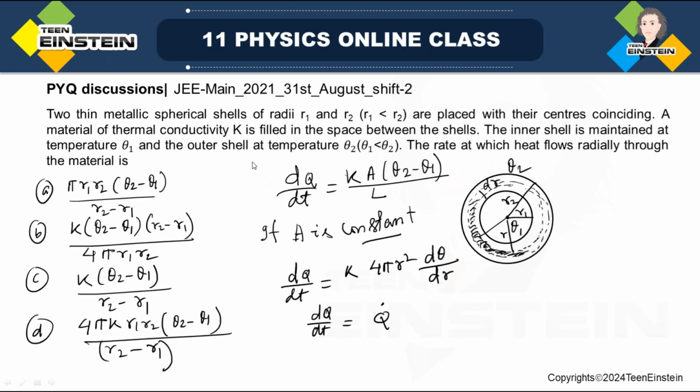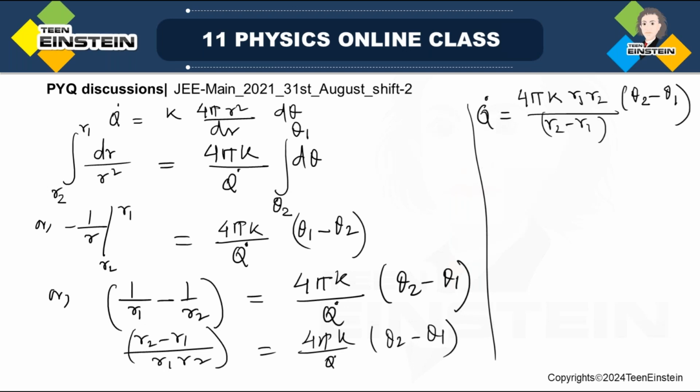Let me see the options over here. See the last option: 4 pi k r1 r2 theta 2 minus theta 1 divided by r2 minus r1. So this formula itself is the answer. Only thing you need to remember is that here it will be theta 2 minus theta 1 instead of theta 1 minus theta 2.